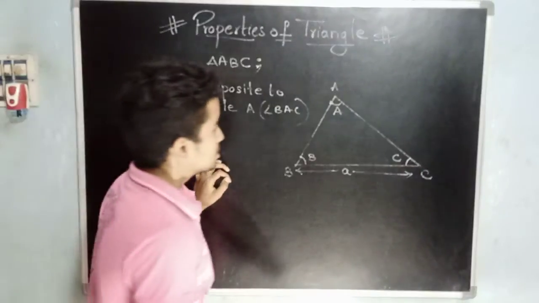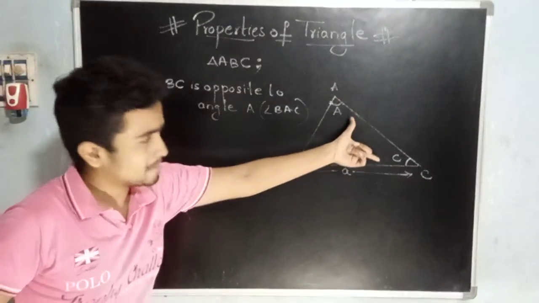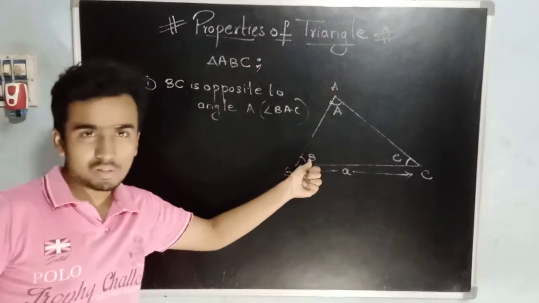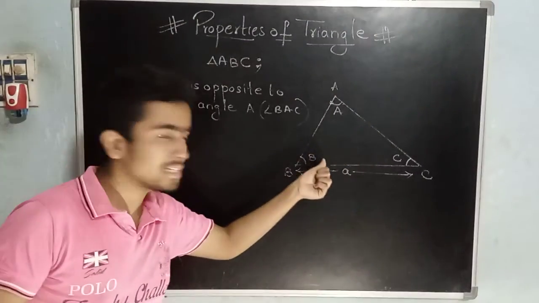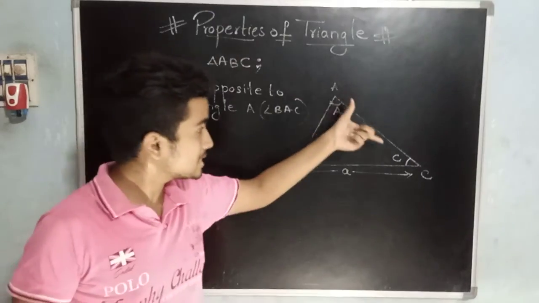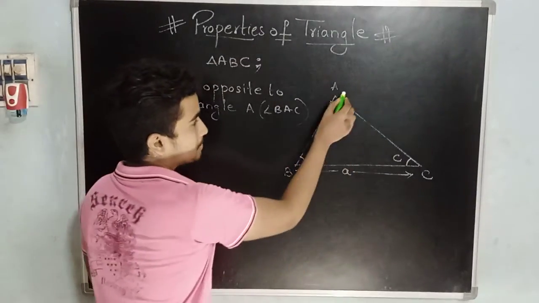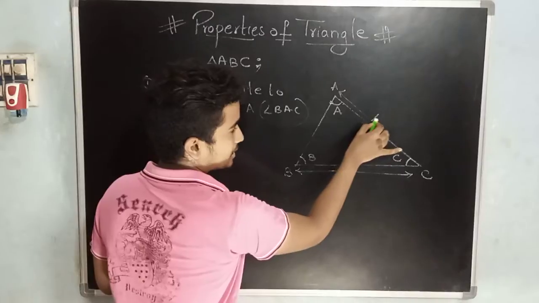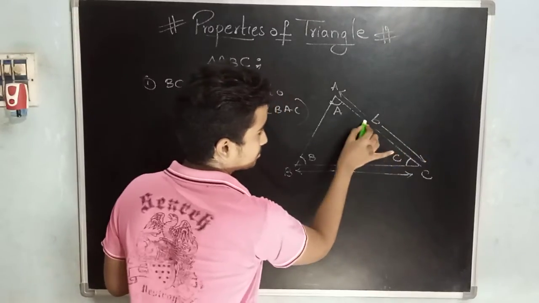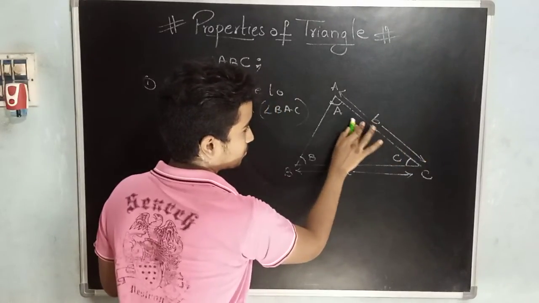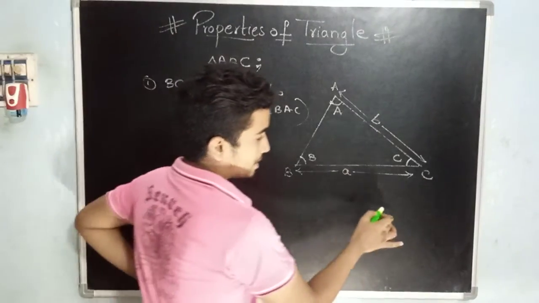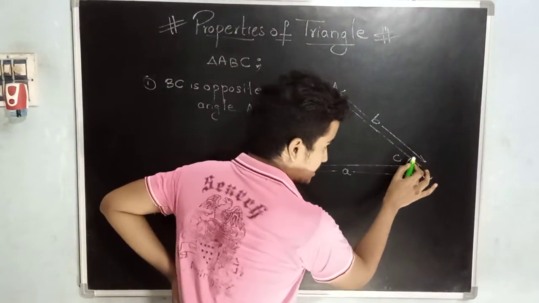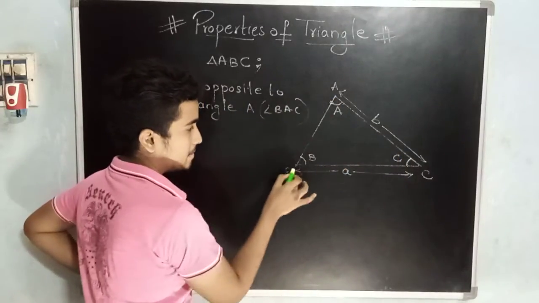Similarly, AC is opposite to angle B, so let me call its length small b. Similarly, angle C, its opposite side is AB.